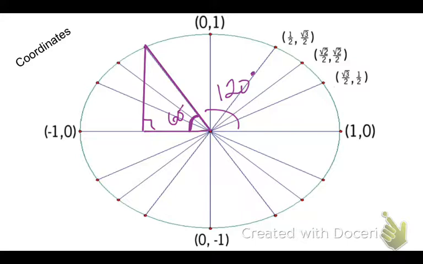Therefore, it would have similar coordinates as the 60-degree angle in quadrant 1: 1/2, comma, square root of 3 over 2. The only difference is I'm in the second quadrant, which means my x value is negative.